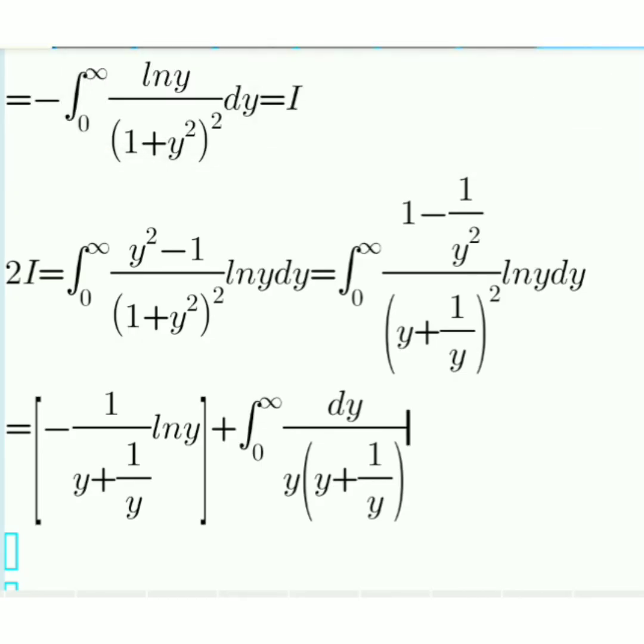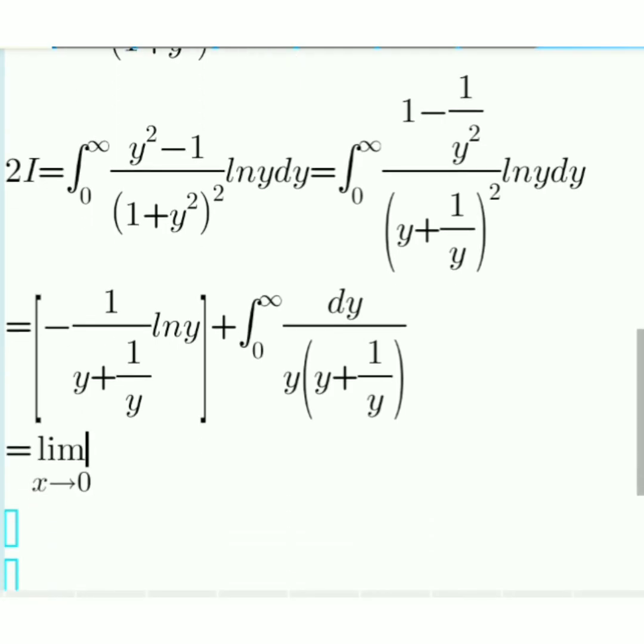And after that I get the limit as y tends to 0, and integrating this.